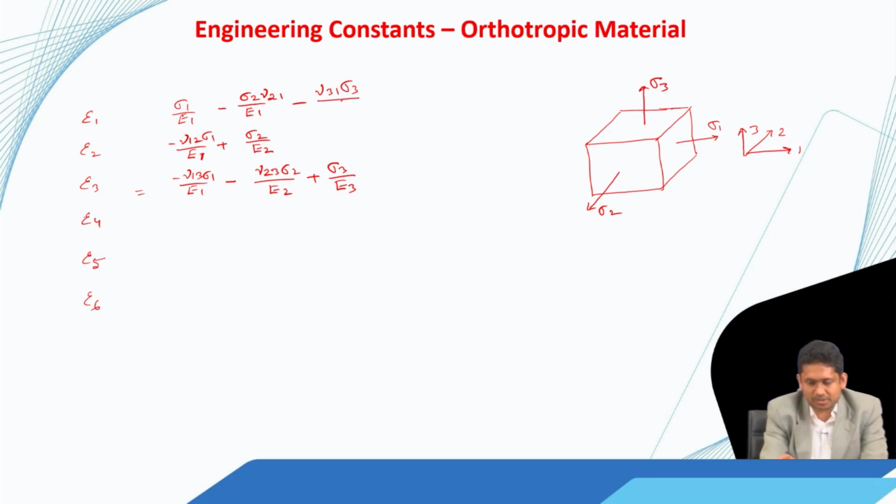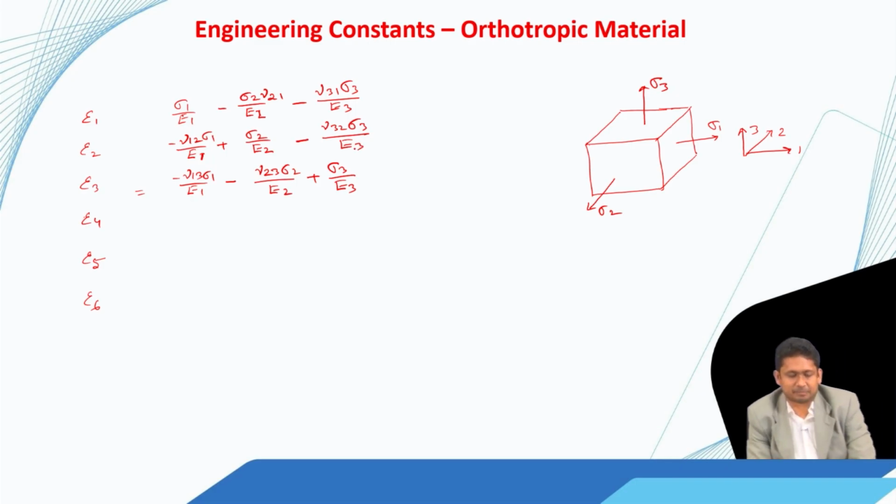So, those are minus nu 3 1 sigma 3 by E 3, and here we have minus nu 3 2 sigma 3 by E 3.